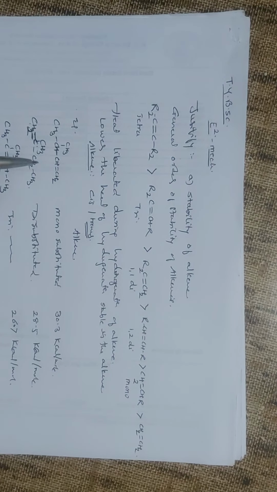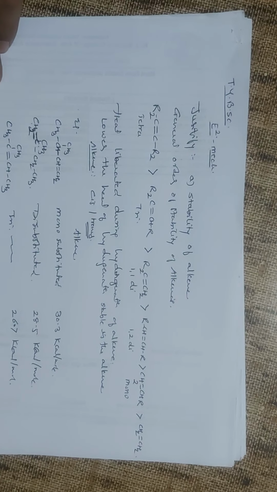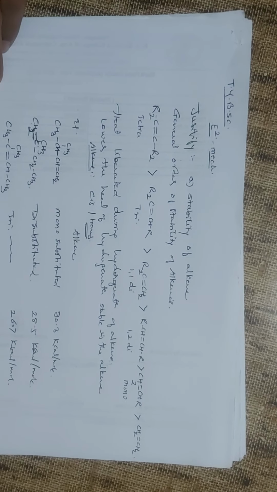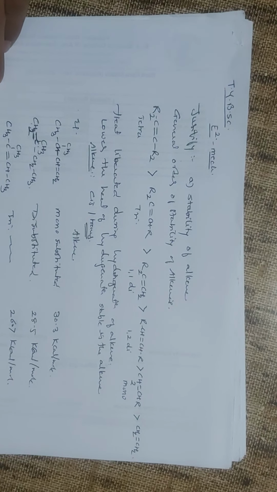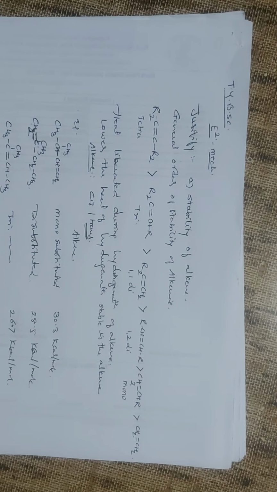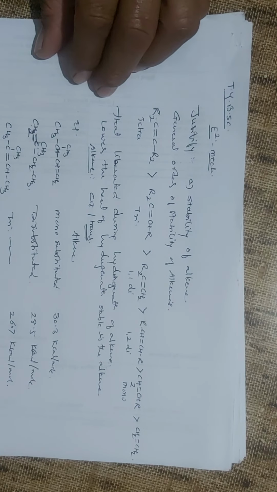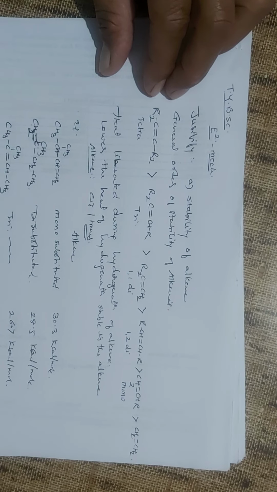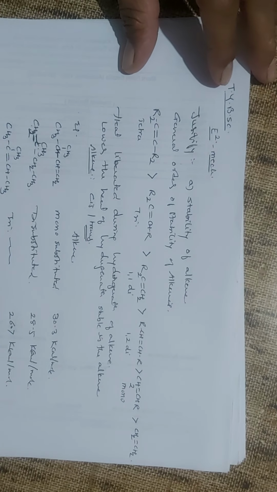Because as the number of alkyl substituent goes on increasing, the inductive effect increases and the stability also increases. And the second thing, as the number of alkyl substituent increases, the number of hyperconjugative structures also increases, and this indicates the stability of the alkene.